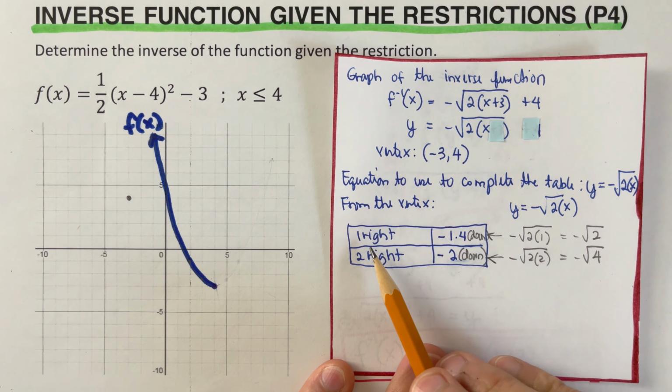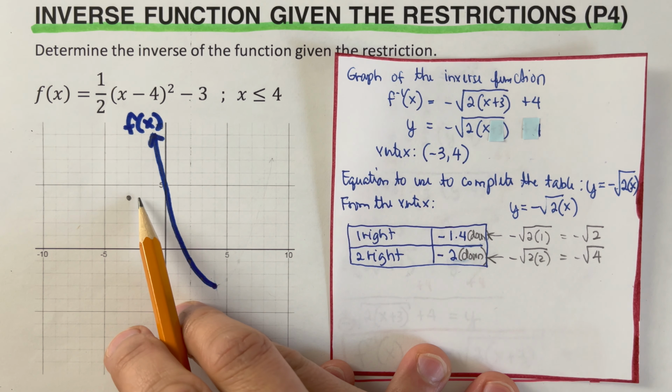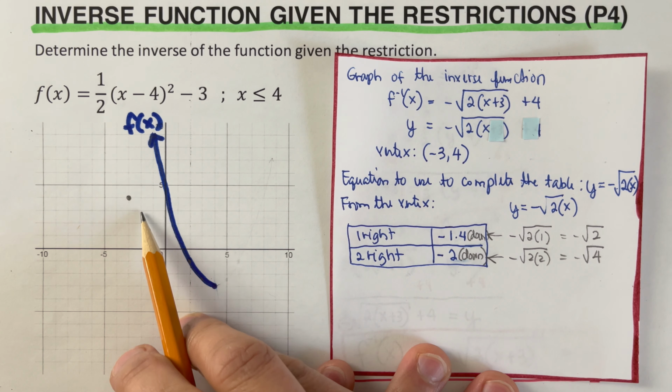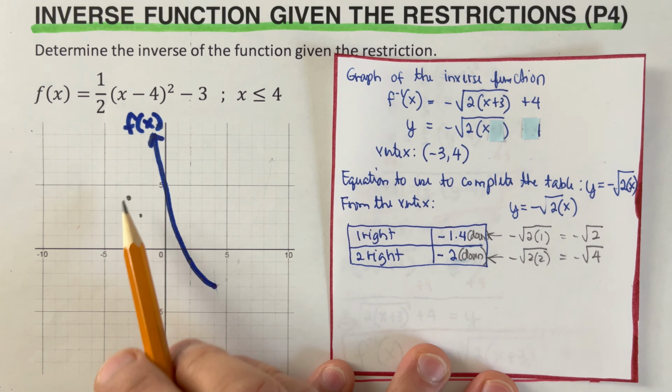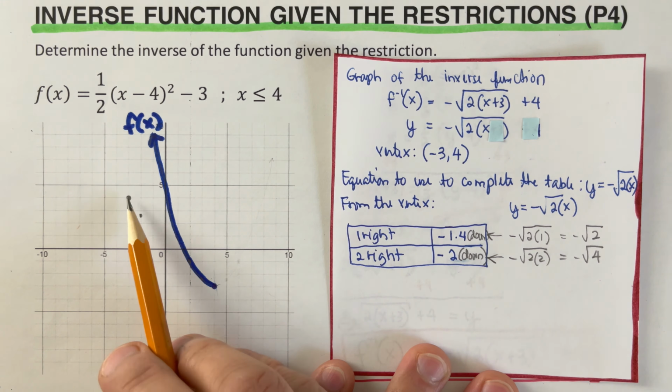And then from the vertex, we go 1 right and then 1.4 down. So 1.4 could be somewhere around here. And then we go from the vertex 2 right, 1, 2, and then we go 2 down, 1, 2. So it's going to sit here so that we can connect these dots together to create the inverse graph. So this is how it's going to look.